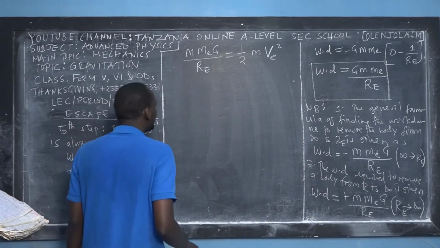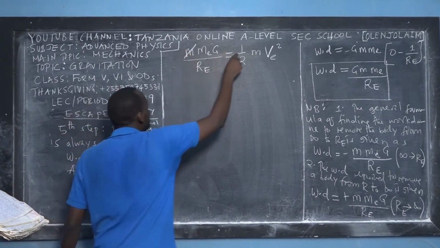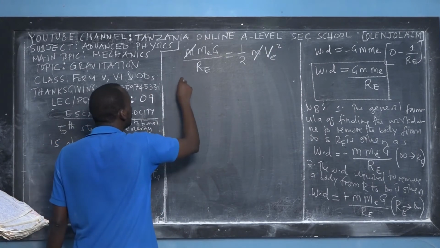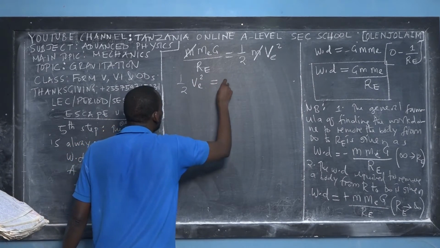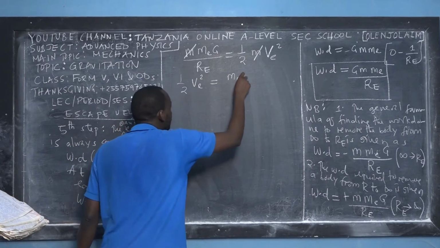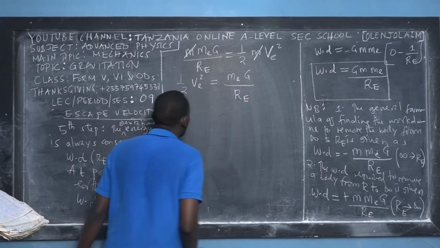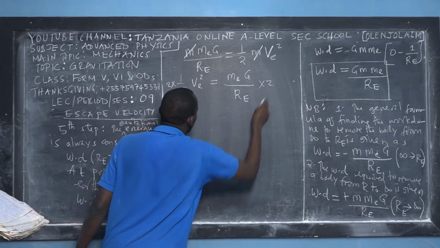So we enjoy the beauty of physics like this, right? I'm very happy because I have taken you from far away to the beautiful concept of gravitation, with the radius of the Earth like this. Then we multiply by 2 on both sides.